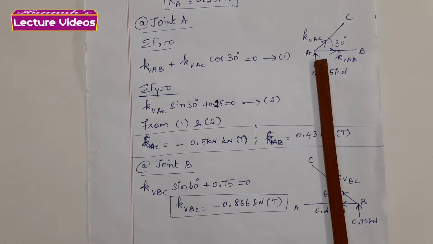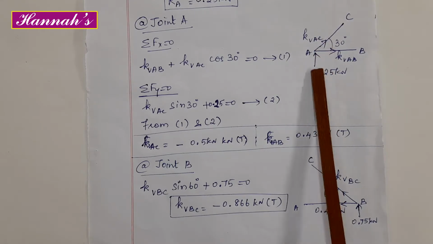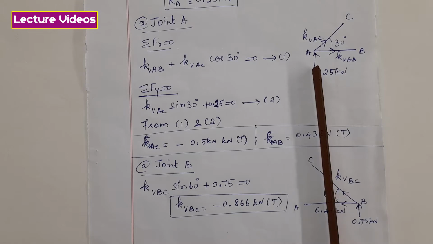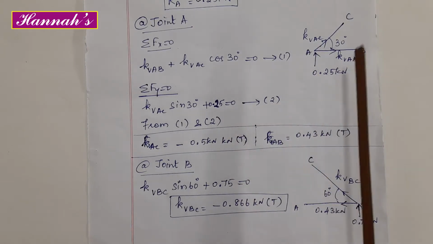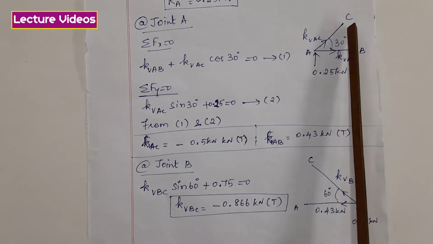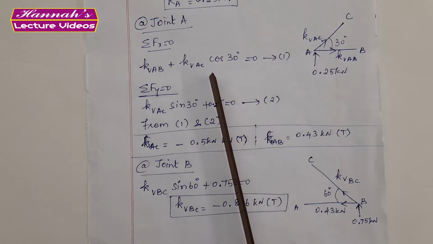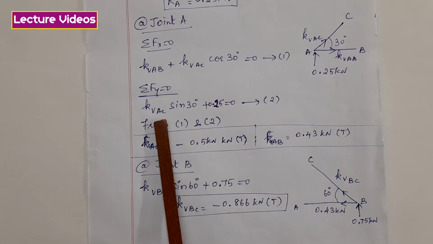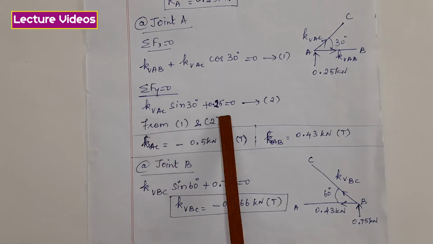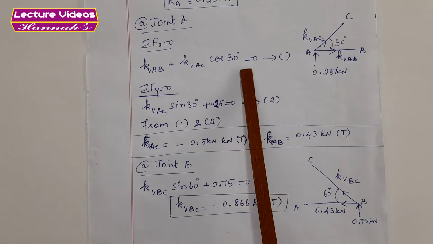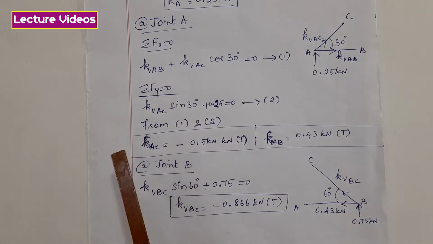Summation of all the member forces, loads, reactions in the vertical direction has to be equated. You have here 0.25 going in the positive y direction, so plus 0.25. If the member force in AC is resolved vertically, the vertical component also goes in the positive y direction, so we have here plus KVAC into sine 30. So summation is equated to 0. Solving these two equations, I get the values of KVAB, KVAC.